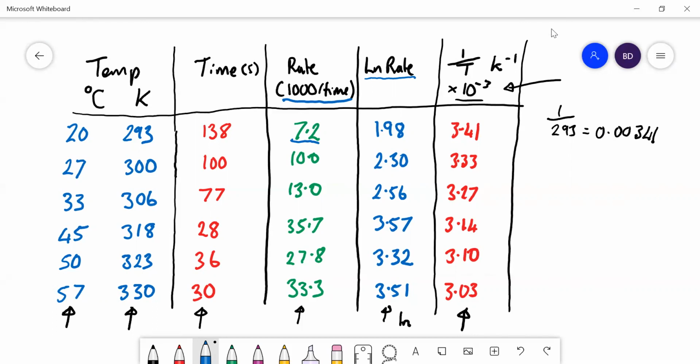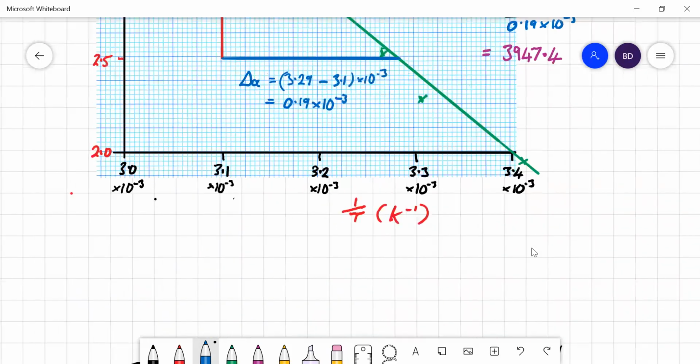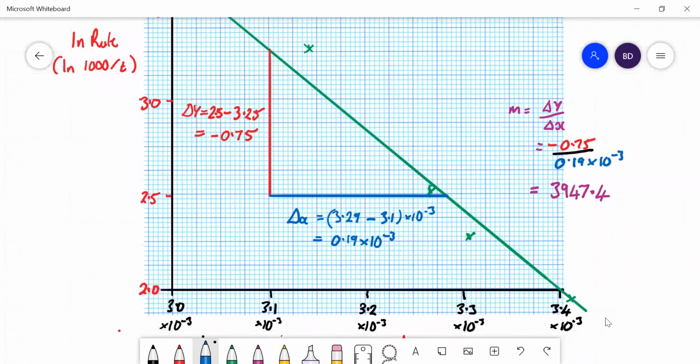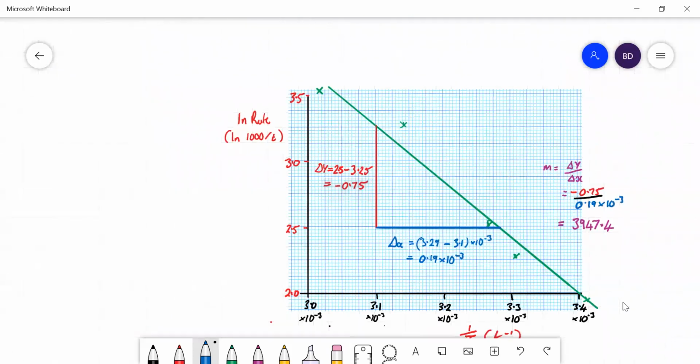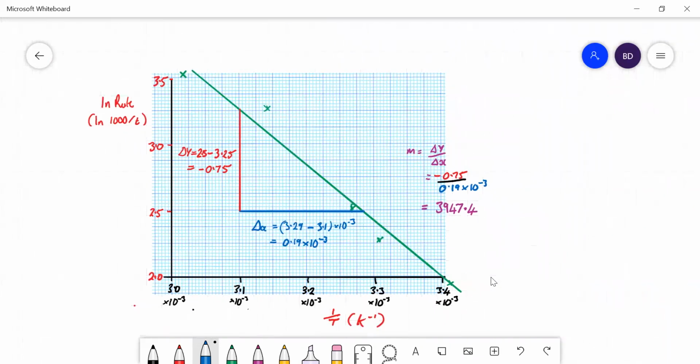Right, let's have a look at the graph if we plotted it. Okay, so there is our graph. So we plotted ln rate on the y-axis, and we plotted 1 over the absolute temperature on the x-axis.